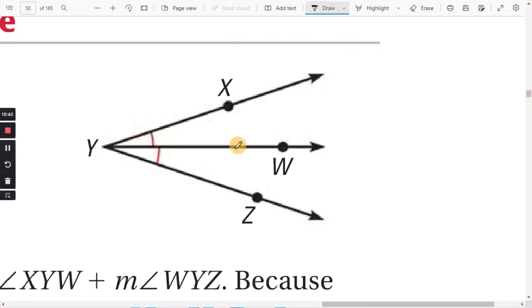So this here is ray YW, okay? And this bisects the angle. All right, that means it cuts it in half. So as you can see, that angle is congruent to that angle. So we know it's an angle bisector just from the diagram, not just from the write-up.